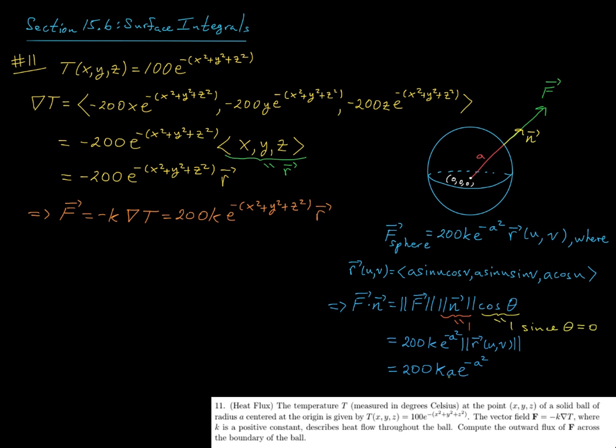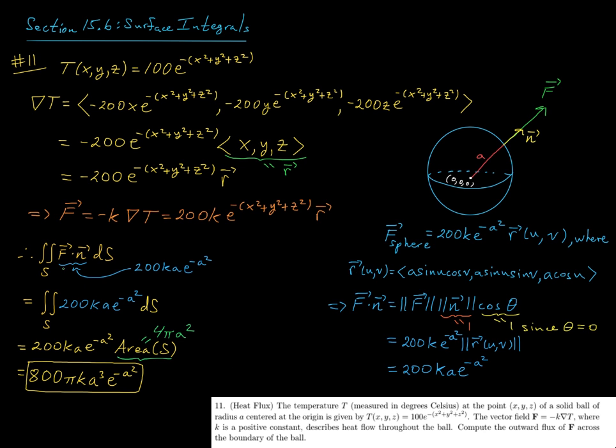The big takeaway here is that this dot product is constant on the sphere. So when I go to compute the flux integral, I'm really just integrating a constant. This is a common thing that you'd see in a physics course, where this just happens a lot. So you can totally sidestep all the really messy calculations.